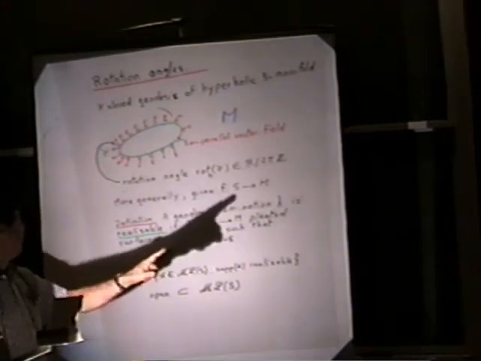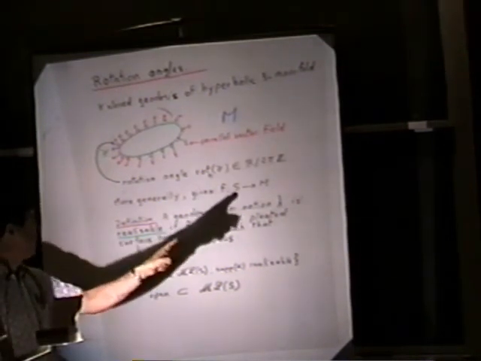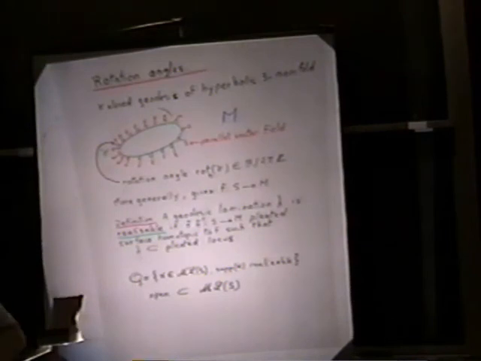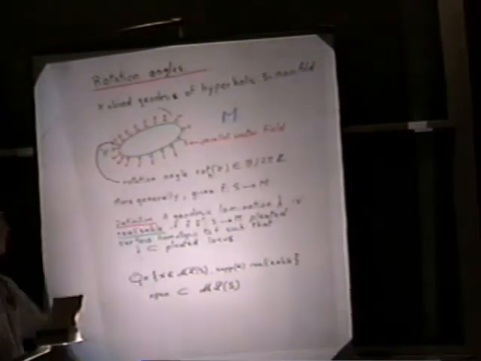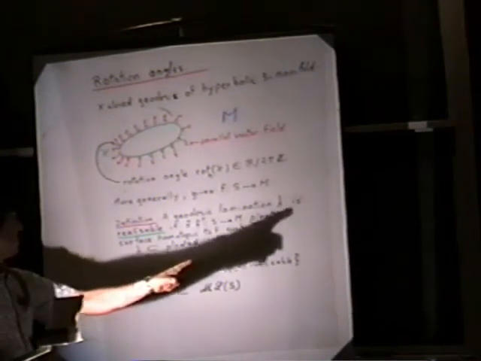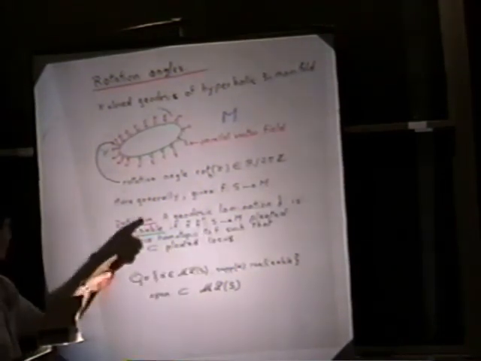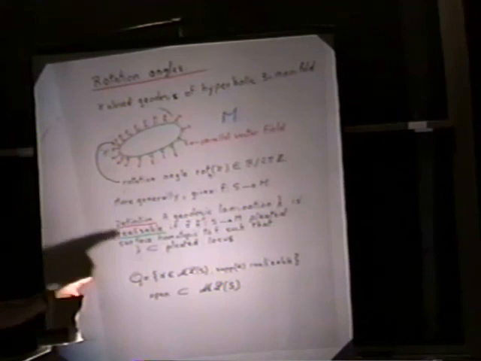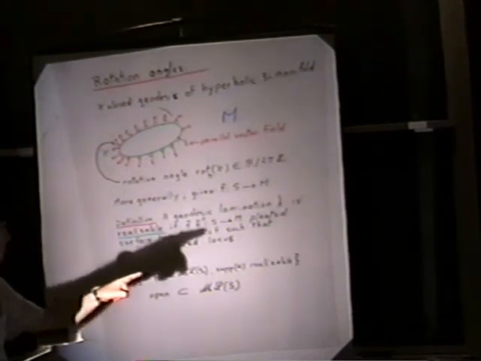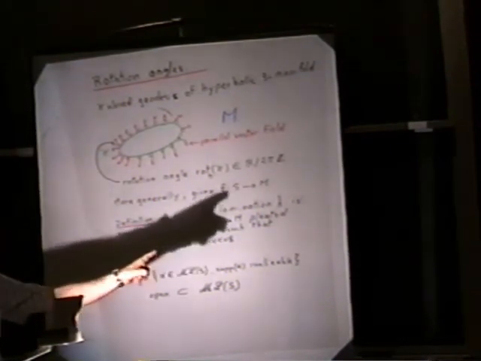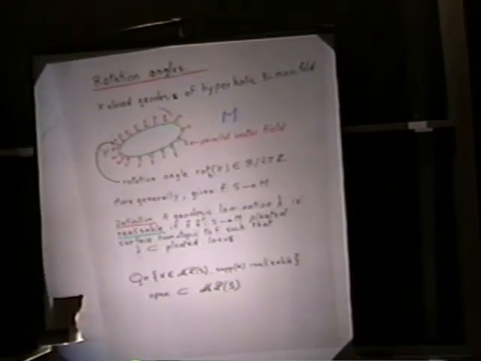So you can extend that. More generally, if you have a map from S to N, this is purely topological data, then you're going to say that a geodesic lamination lambda is realizable if there exists a pleated surface which is homotopic to the original one, in the correct homotopy class, and such that lambda is contained in the pleating locus.